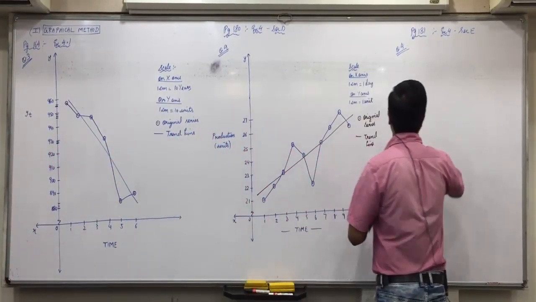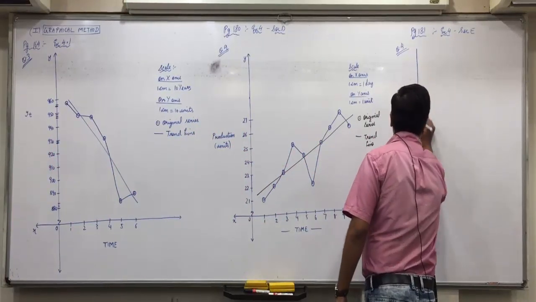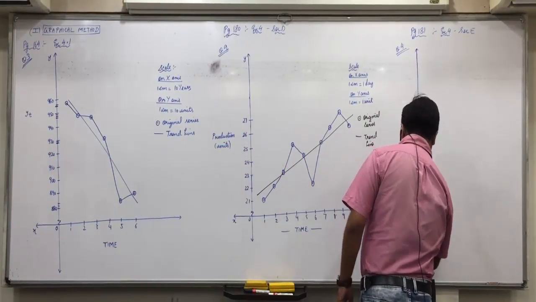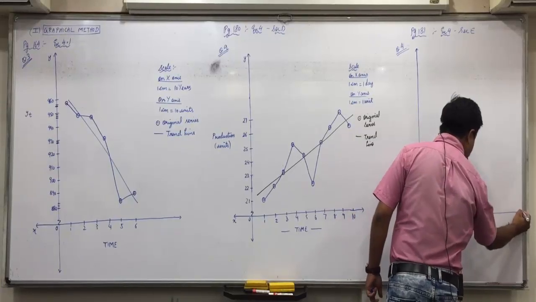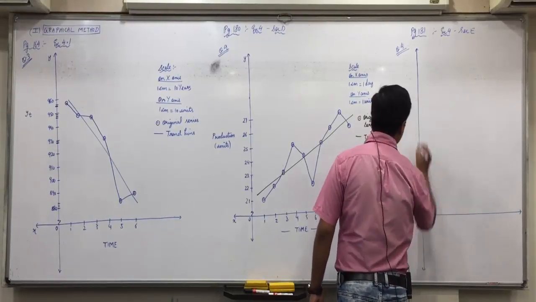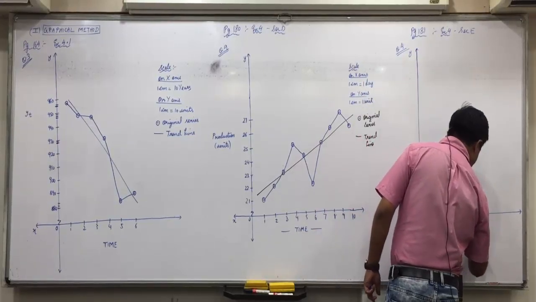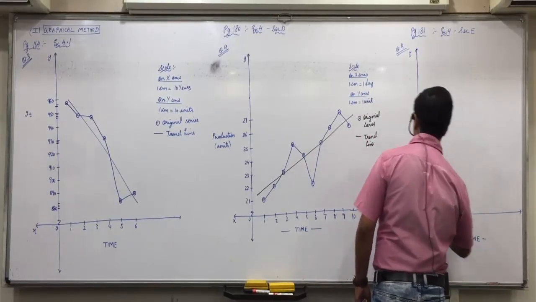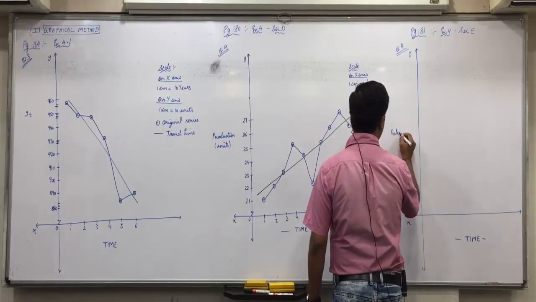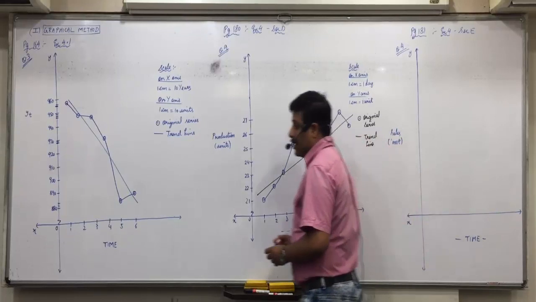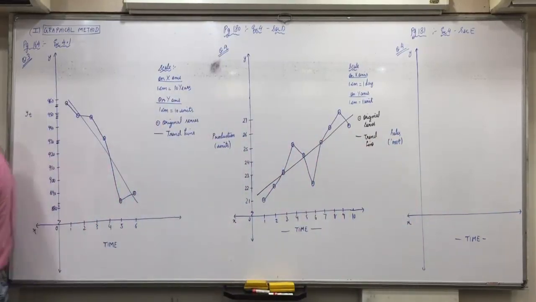So make the x-axis and y-axis. How many years are given? 10 years.